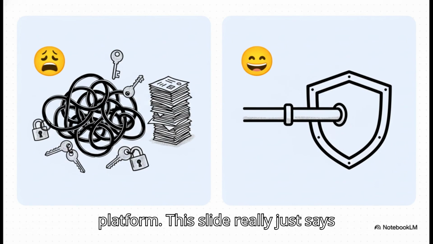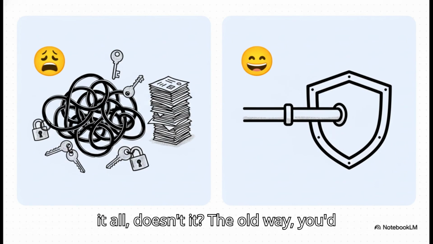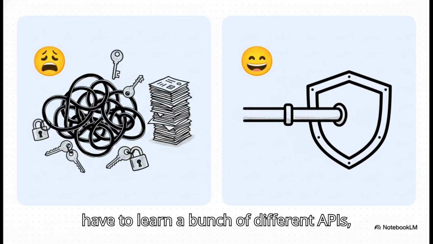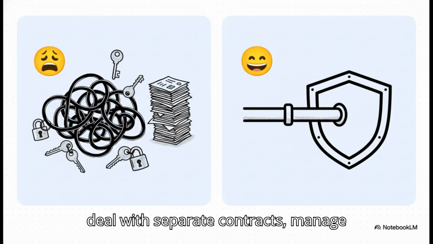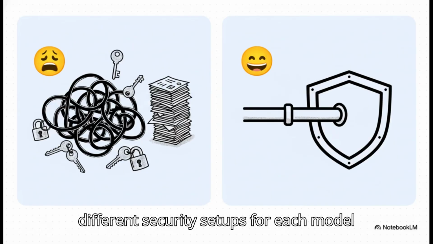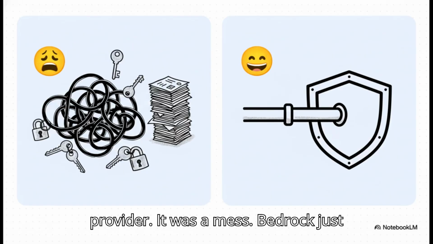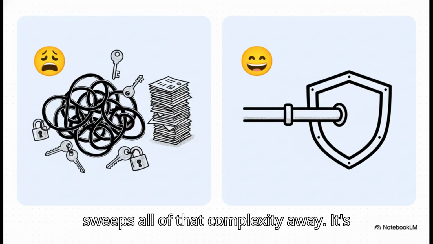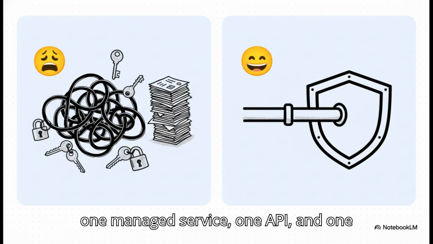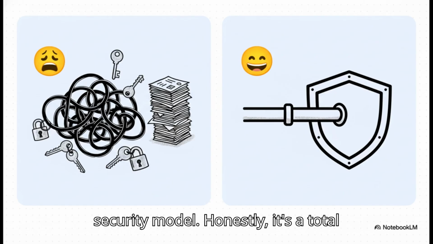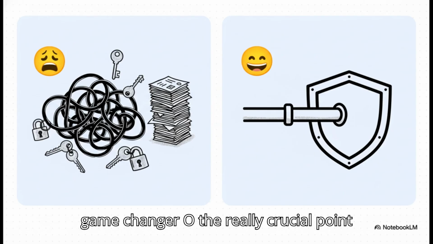This slide really just says it all, doesn't it? The old way, you'd have to learn a bunch of different APIs, deal with separate contracts, manage different security setups for each model provider. It was a mess. Bedrock just sweeps all of that complexity away. It's one managed service, one API, and one security model. Honestly, it's a total game changer.